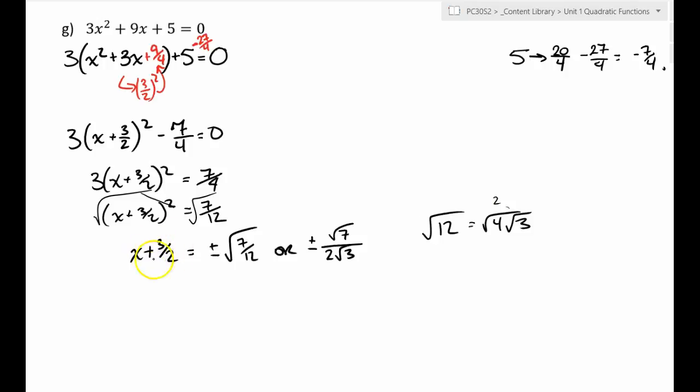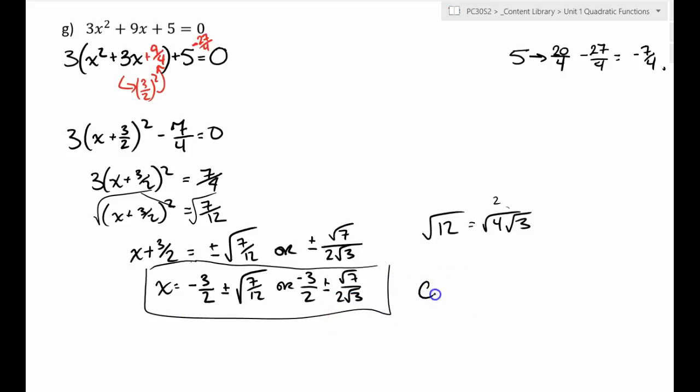From here we need to move that 3/2 still. So we're dealing with negative 3/2 plus or minus root 7/12, or again, negative 3/2 plus or minus root 7 over 2√3. So either way, totally fine, as long as we end up with one of these two pieces as our answers and we check them.